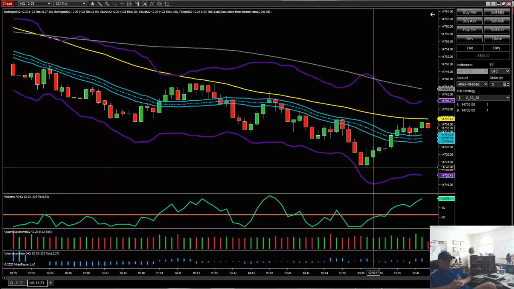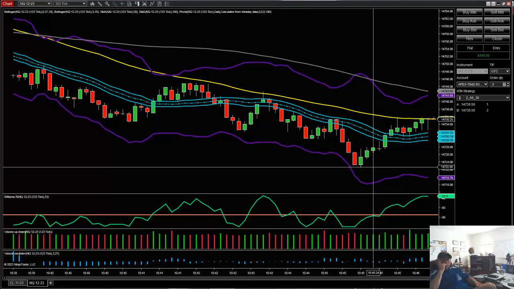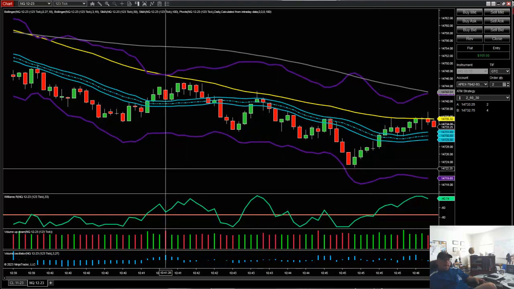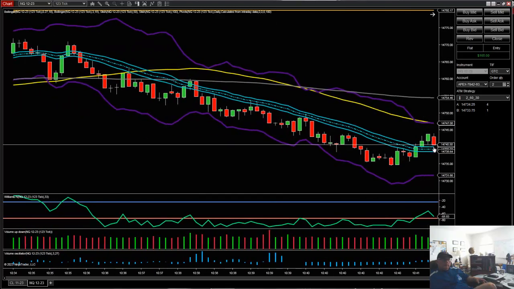Trying to form a bottom here. Still haven't made it above the blue line.